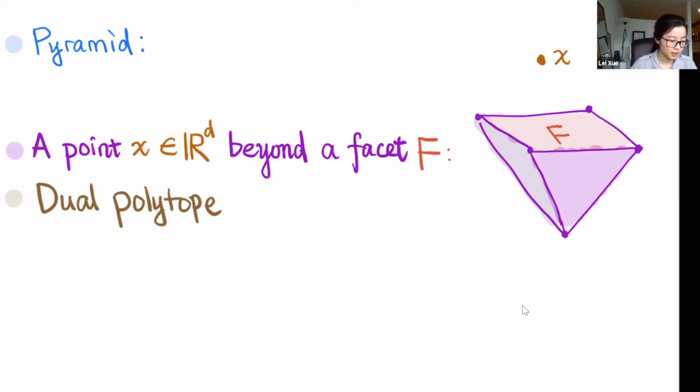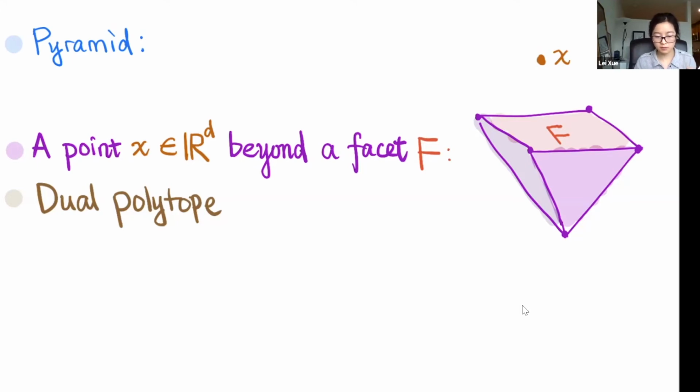One more definition. Given a point in R^D, possibly outside of the polytope you're looking at, we say it's beyond the facet F if, as in the picture, it's sort of floating above that facet F. In other words, if you look at the supporting hyperplane of that facet, it should have the entire polytope on one side and that point X on the other side.